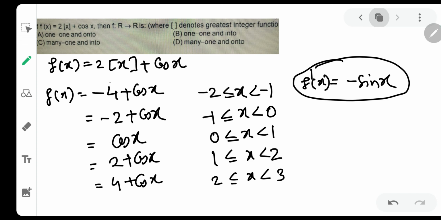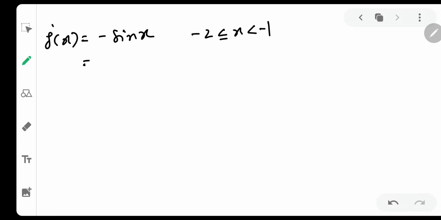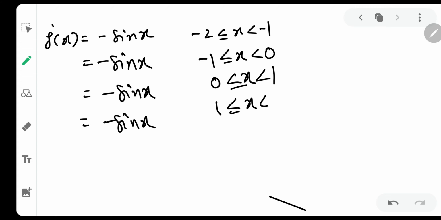Let us add a page. So f'(x) will be equal to minus sin x. From -2 to -1, it will be minus sin x. From -1 to 0, minus sin x. From 0 to 1, and from 1 to 2, it will be minus sin x.